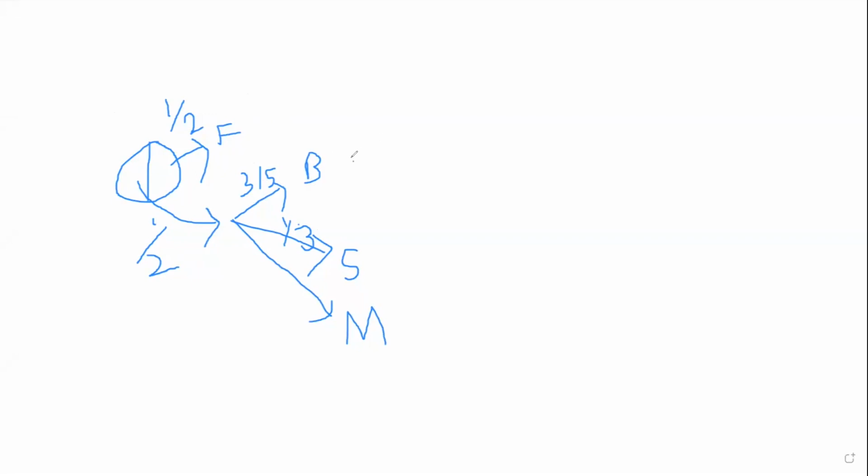For your brother, you have given 3/5 of that remaining half. So from the total cake, 3/5 multiplied by 1/2 is 3/10. That means only 3/10 of the total cake you have given to your brother.